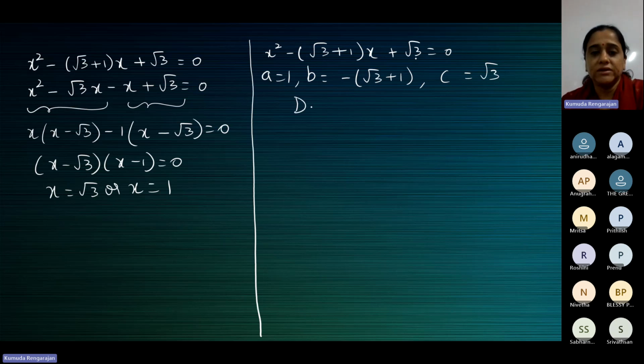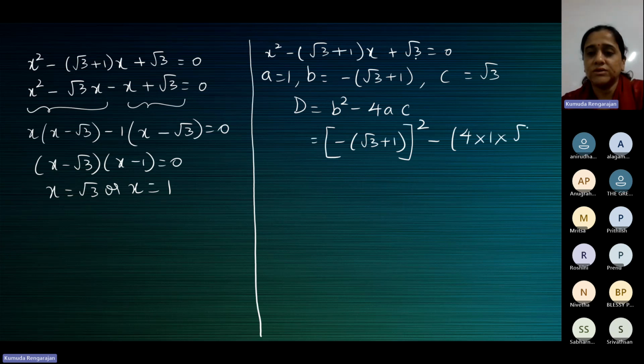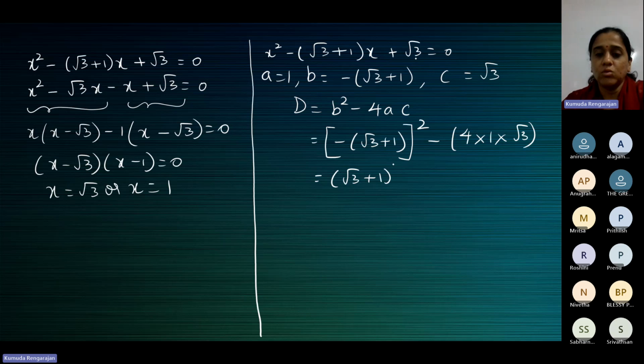Now let's find D. b squared minus 4ac. So this is minus into minus, plus: root 3 plus 1, the whole square, minus 4 root 3.